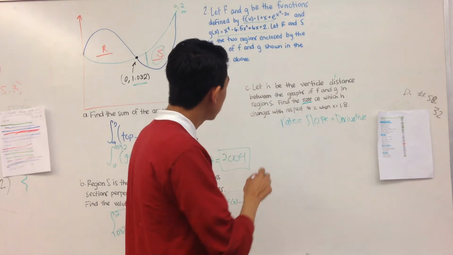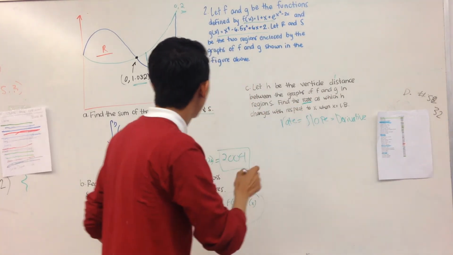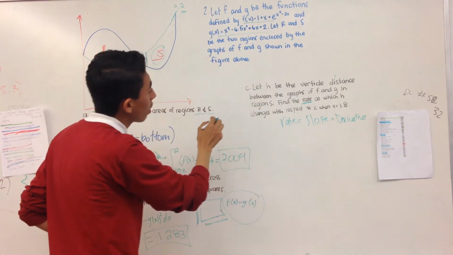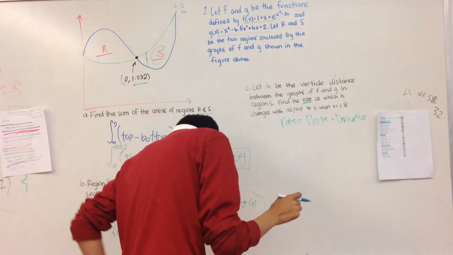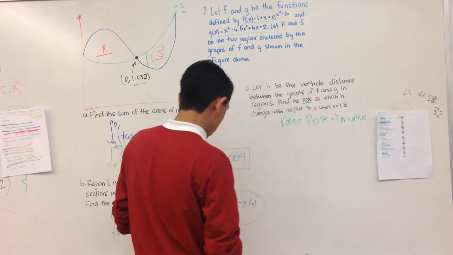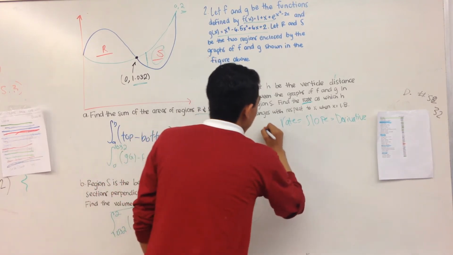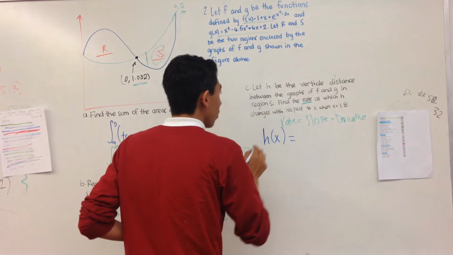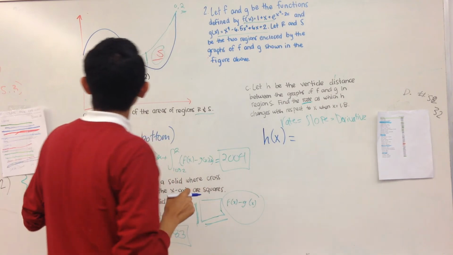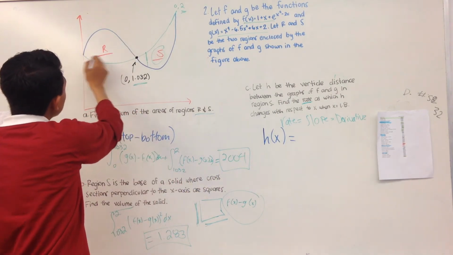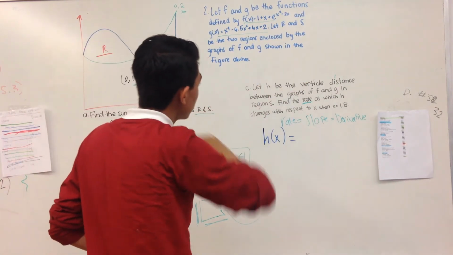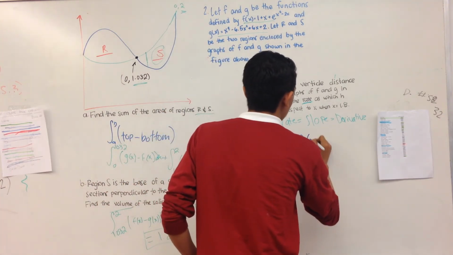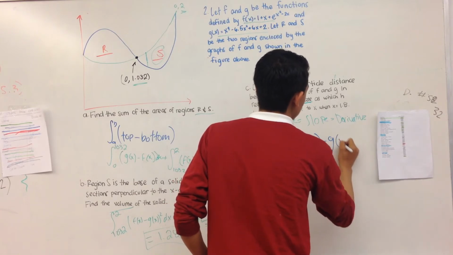H of x is the vertical distance between the graphs, so you need to do f of x minus g of x.